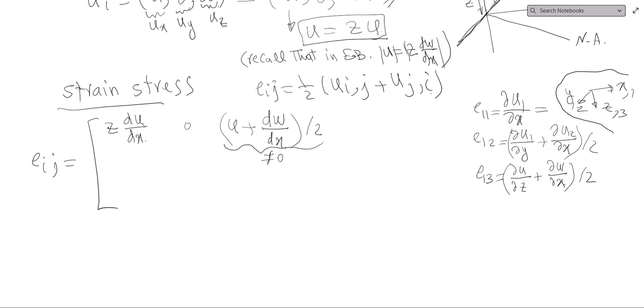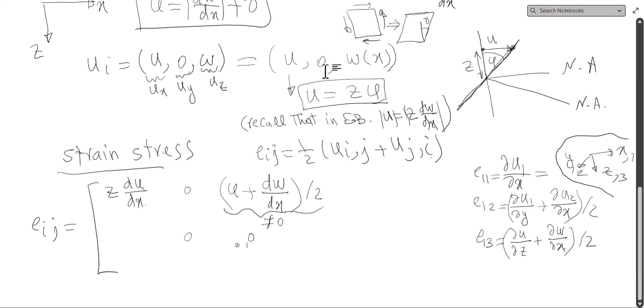E21 is 0, consider symmetric. E22 is 0 because everything is 0. E23 is 0 because 2 is 0 and 3 is not a function of y. E31 is actually non-zero now, becomes this quantity.